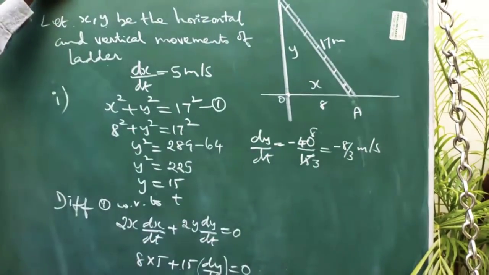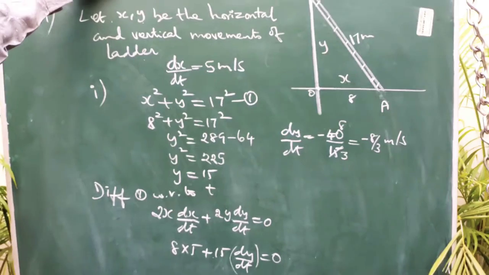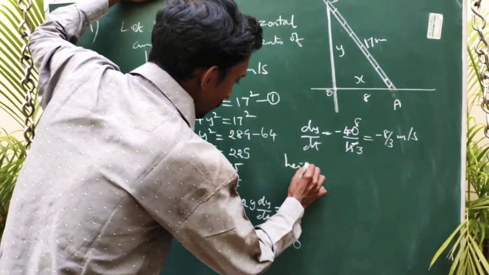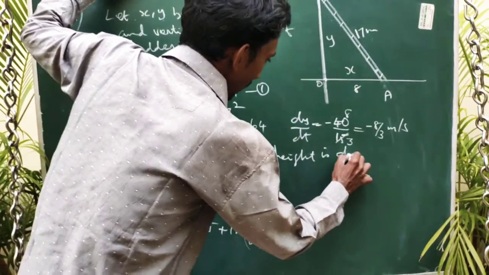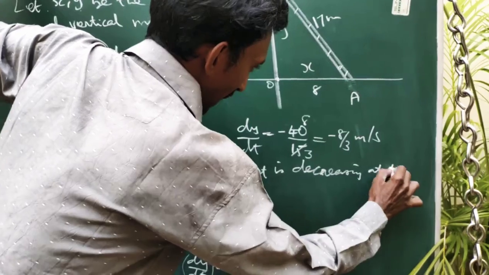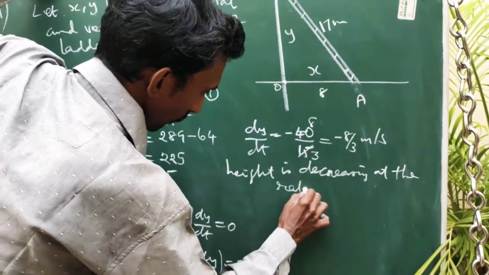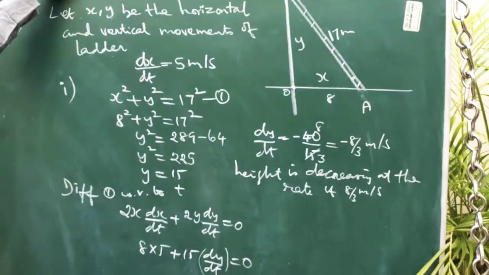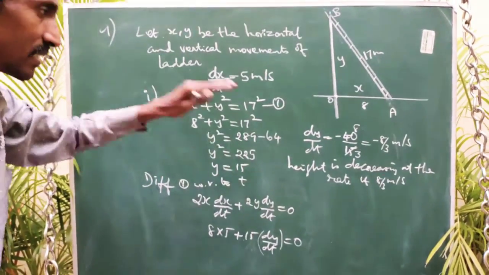This minus sign indicates the height is decreasing. So you have to write the answer: the height is decreasing at the rate of 8 by 3 meter per second. That negative sign indicates that it is decreasing.